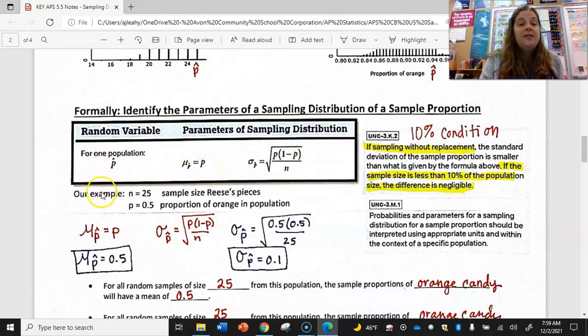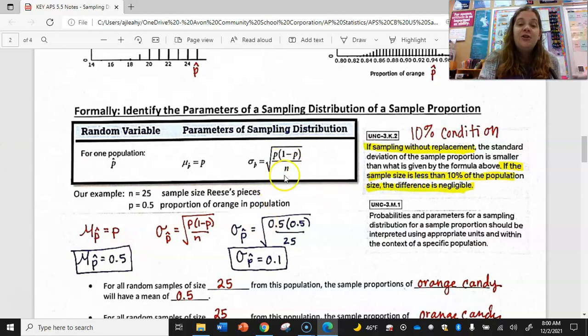So for example, in our problem down here, if n is 25 and p is 0.5, the mean of p hat should be 0.5, which means if we repeatedly take samples from this population, we would expect to see a sampling distribution that has 50% as the average, because that's the truth. We would expect this to predict the truth.